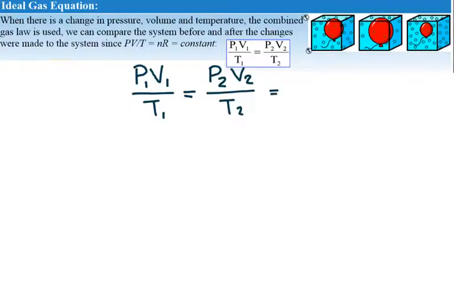So because it's always a constant, and no molecules or moles of gas were added into the system, the system stayed unchanged, the only parameters that were changed, volume, pressure, or temperature, then you can rewrite again the ideal gas law as ideal gas equation, where P1 V1 over T1 is equal to P2 V2 over T2.